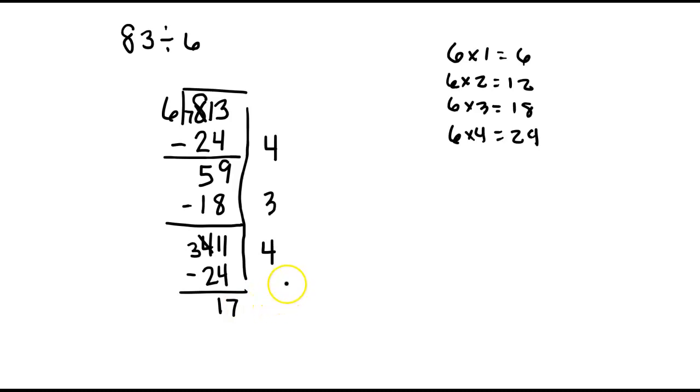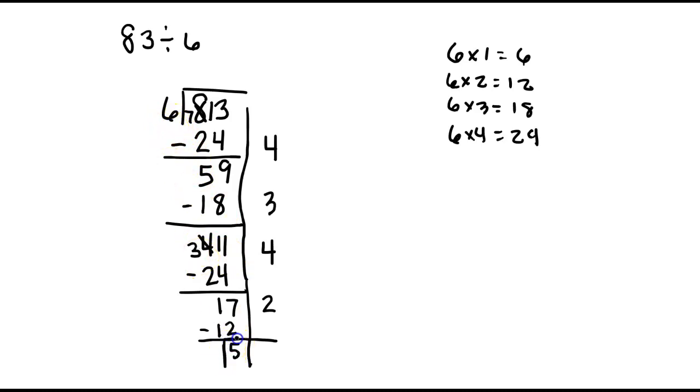And then I see that 6 can still go into 17, looks like 2 times. So I'm going to say, okay, 12. I subtract 7, 6, 5, and so I'm left with 5. So this is how I know I'm finished. When my remainder down here is less than my divisor, which is 6.